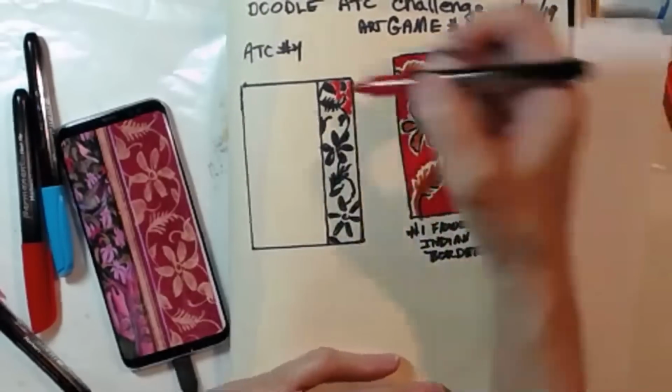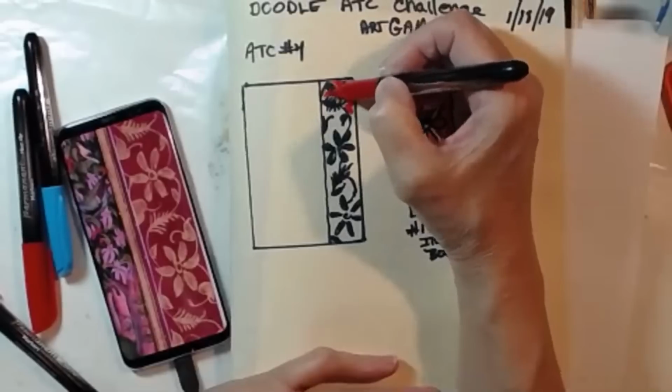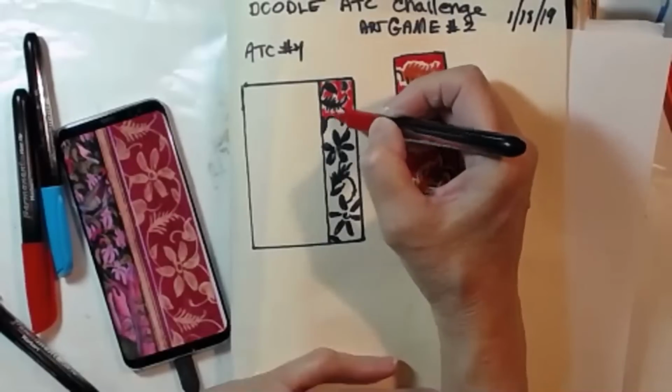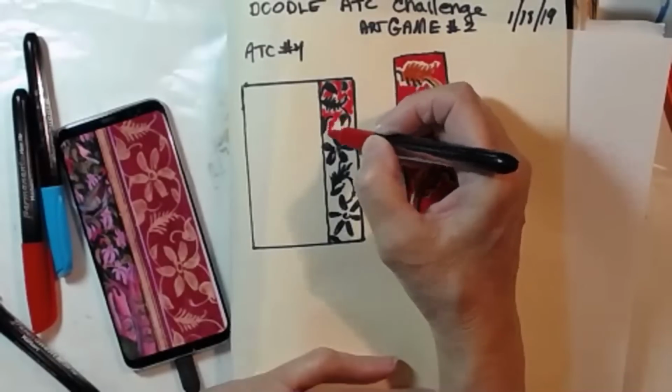And I'm going to leave the white in here too, just to kind of have it some accent. Little white along the leaves.